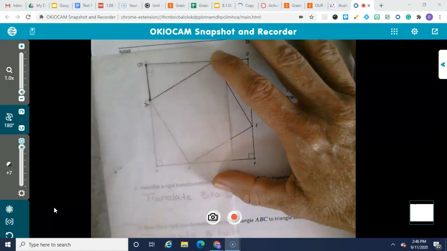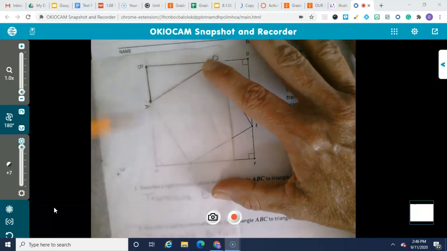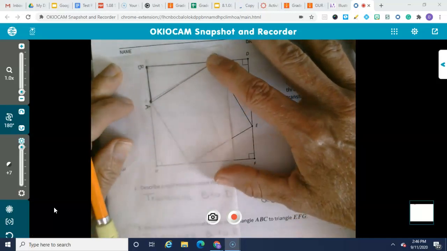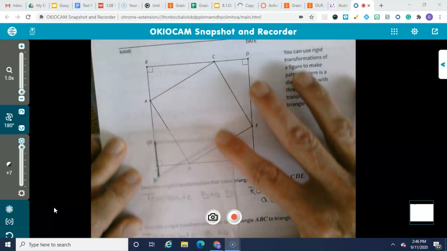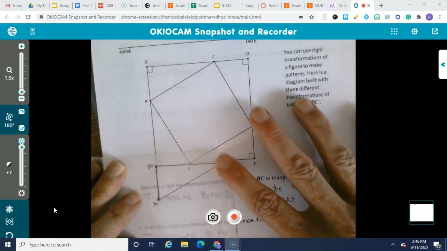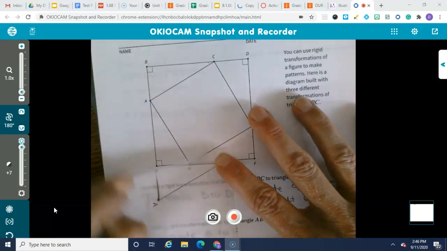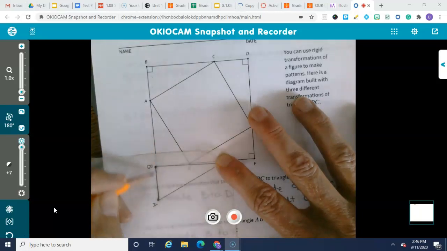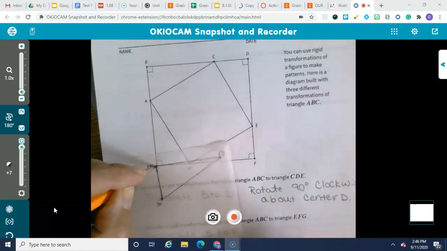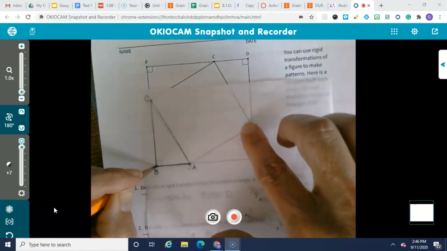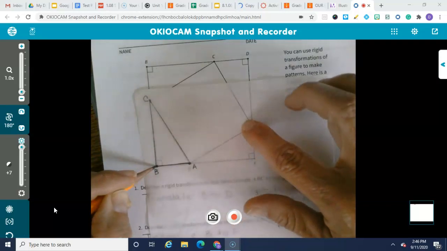Okay, so all you have to do, let me see, I'm going to translate B to H, because once again, a translation is just a straight line, so I go B to H. Then I'm going to rotate, using center H, 90 degrees counterclockwise, because this time I'm going to go backwards. And it lines up just beautifully.